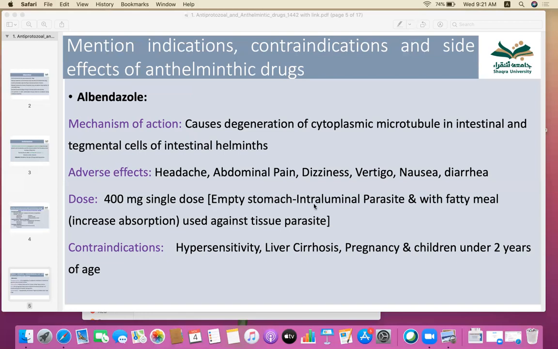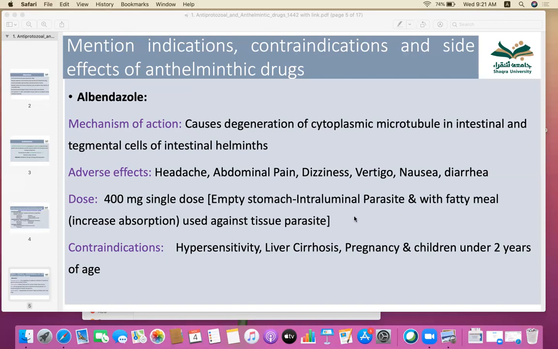It causes intraluminal parasite lysis, and with a fatty meal, it increases the absorption of the drug for use against tissue parasites.